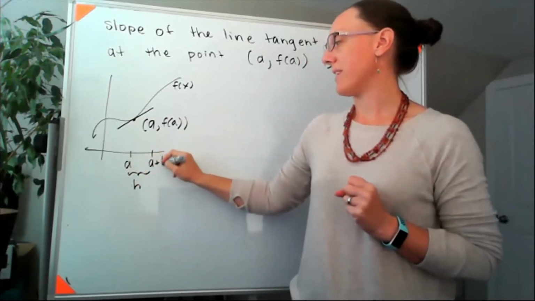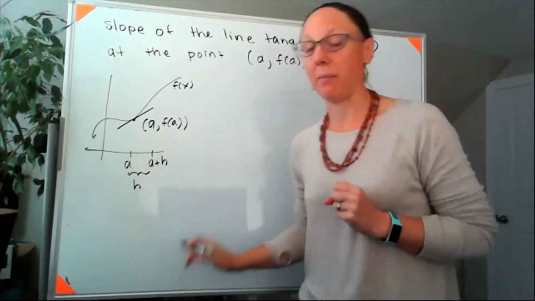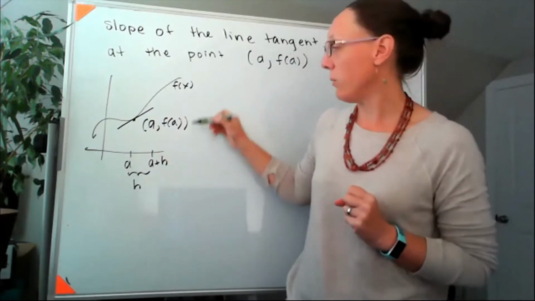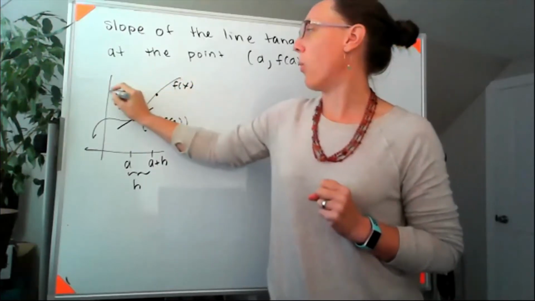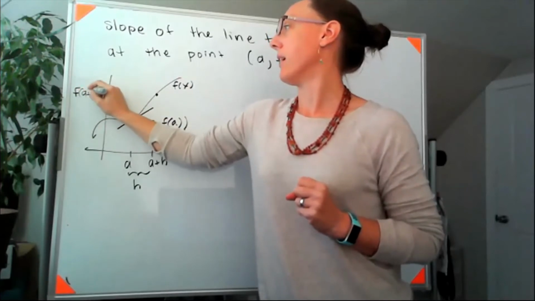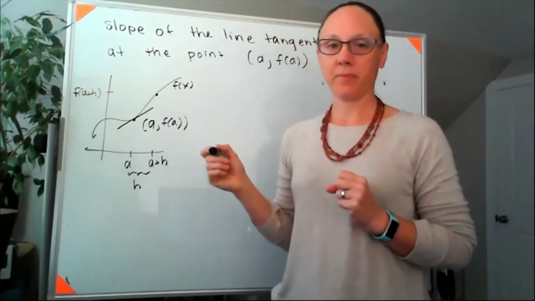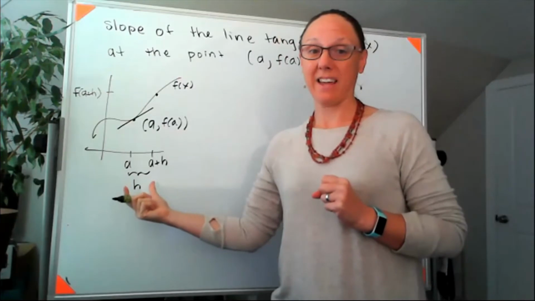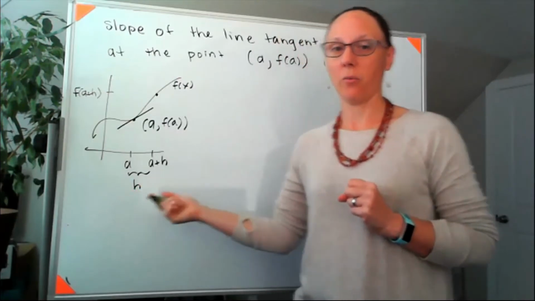over here to a plus h, which means that this y value would be f of a plus h, and then we would let that h squeeze down to 0.